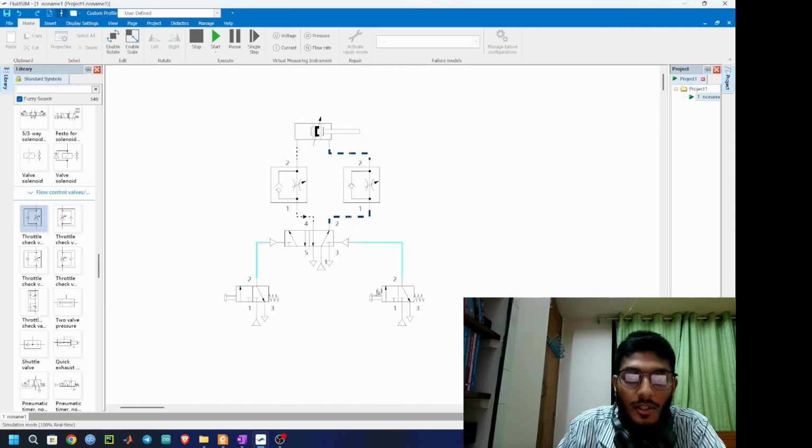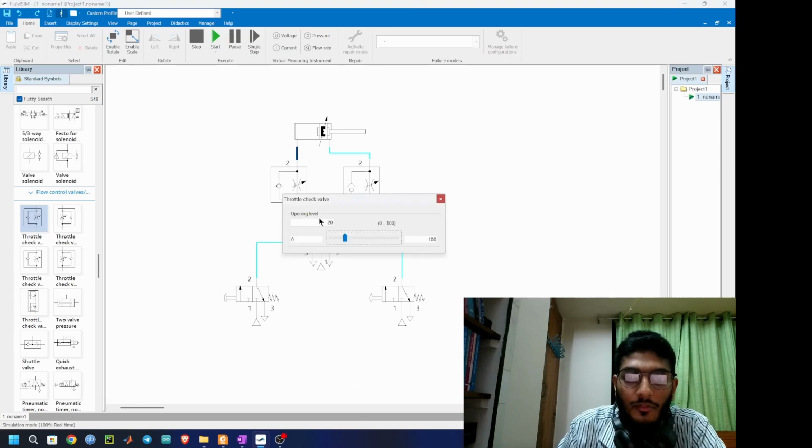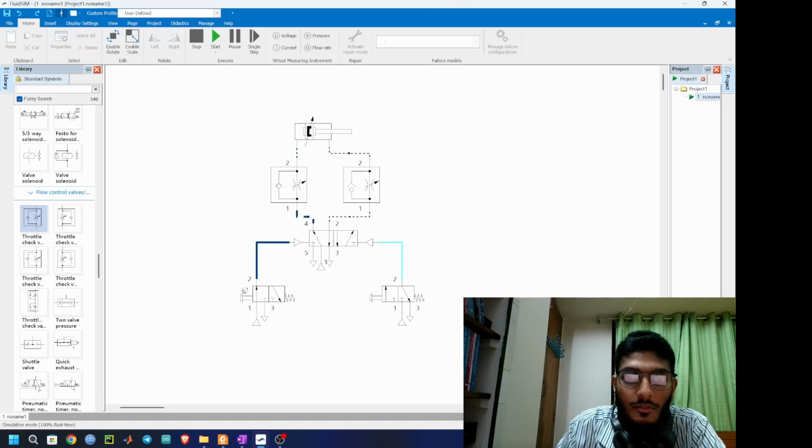Oh, I'm sorry, because this side I didn't have to actuate. I had to actuate this side. So 5 I think is good. Yeah, 5 is good. So see, much slower. It is very much slower than before.